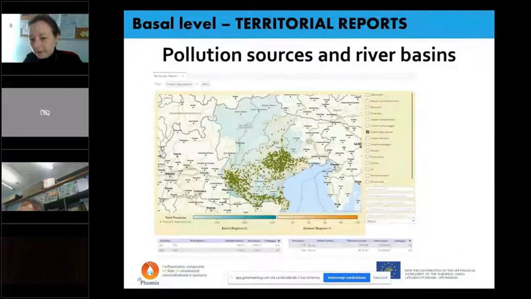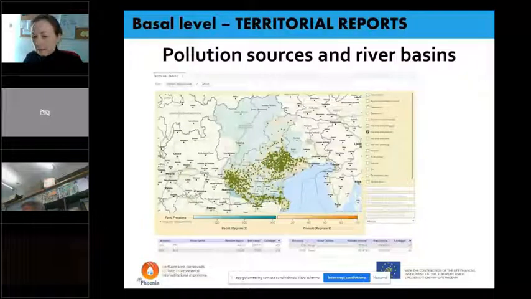Here you can see the map of our region, the Veneto region, and the green dots represent, in this case, the wastewater treatment plants that are present in our territory.